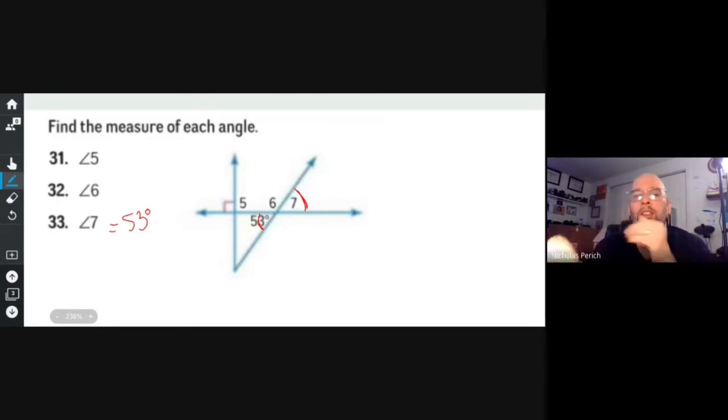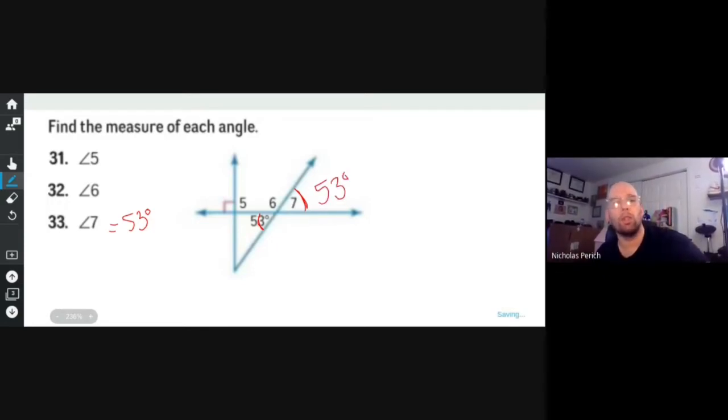While we're at it, since that's 53, you can either tell me the actual answer. How can I find out 6 if that guy's 53, or what is 6? Trying to pick a different color. 180 minus 53, one of you said, which is correct, and that should be 127.